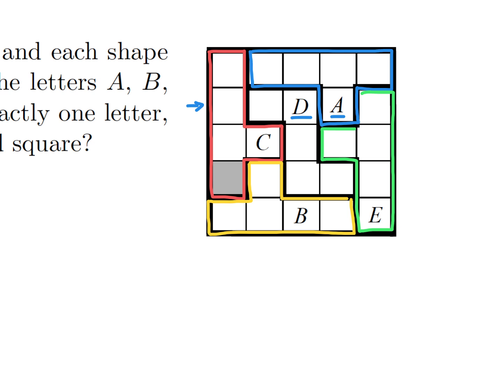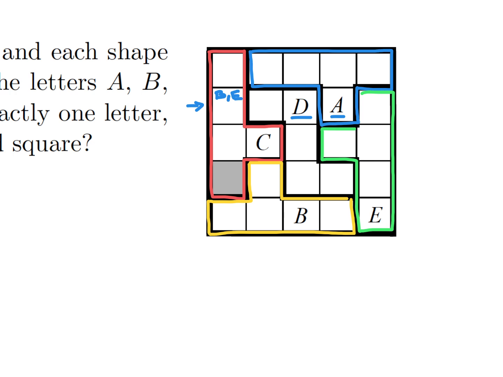So that leaves B or E, correct? B or E. Now, I don't know which one, but let me just put that in there. It's either a B or an E.